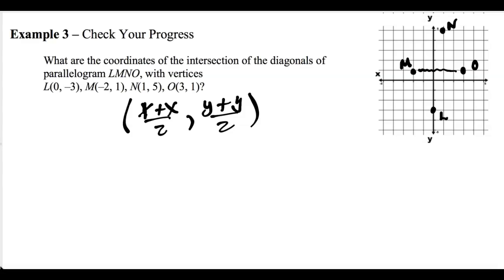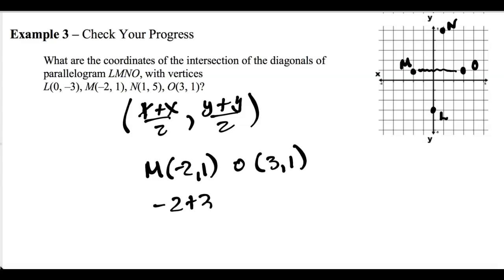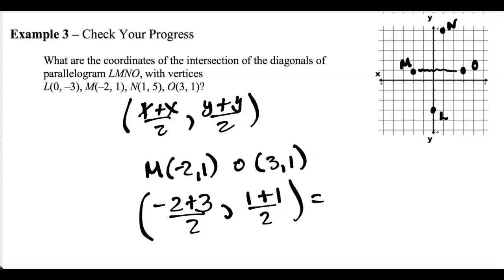We can use L or M, which is negative 2, 1, and O, which is 3, 1. Okay, so we add our x values, negative 2 plus 3 over 2, add our y values over 2. And when we simplify that, we're going to get 1 over 2, 1 as our midpoint.